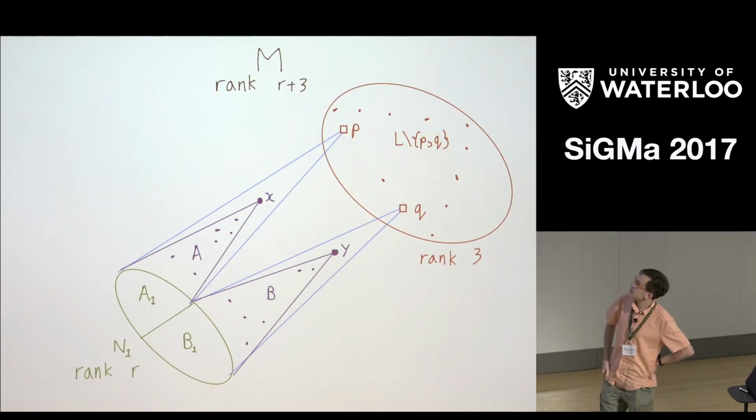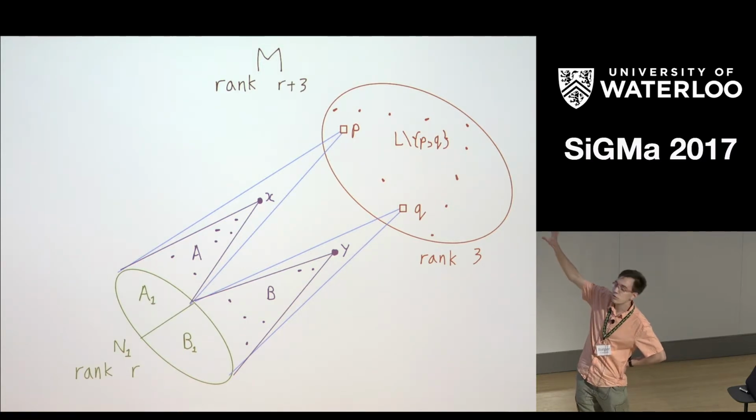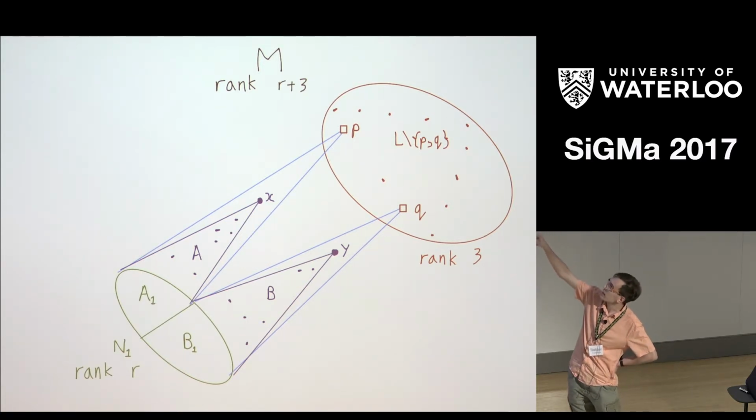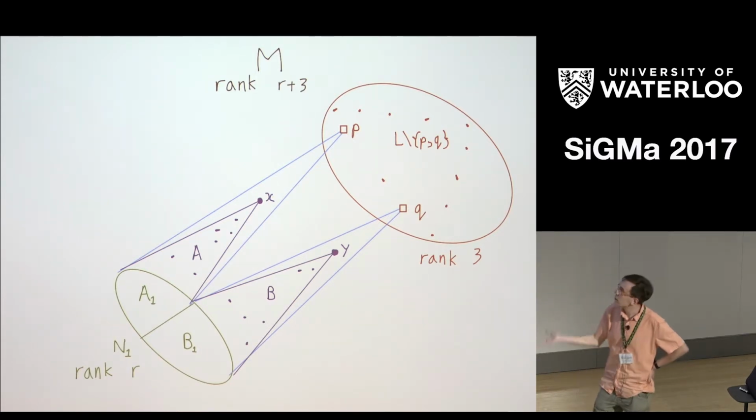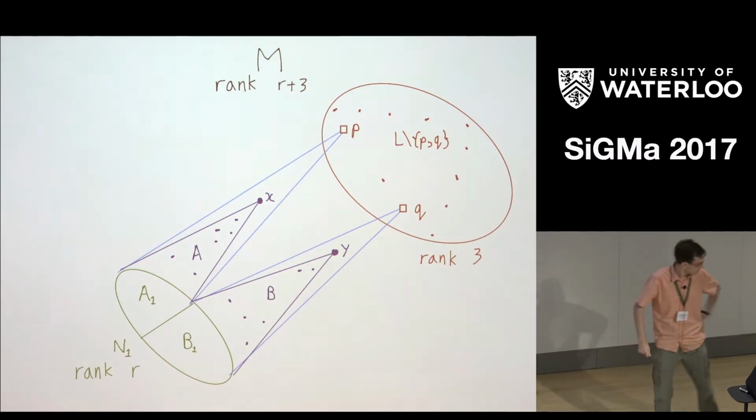It contains N as a minor because you can just delete all the remaining points in L, contract X and Y, and this will give you back N1, which we already know contains N as a minor. Hence, M will contain N as a minor.